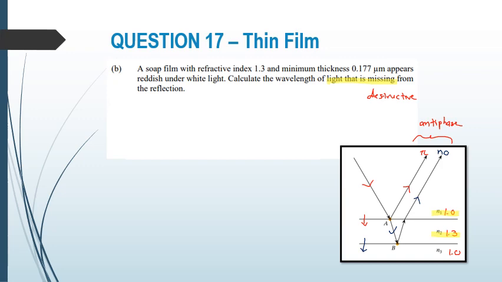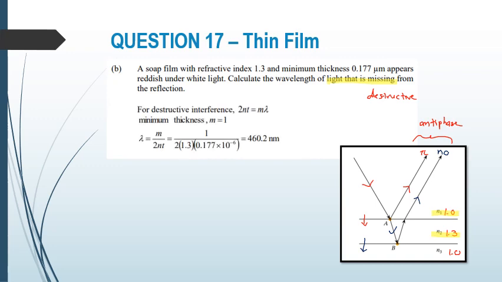So for anti-phase sources, if you want to get destructive interference, then the equation that we should use is 2nt equals m lambda. Alright, so for n, we are going to use the n from the second layer, which is 1.3. But how about m? Now, if you look at this equation and the information given, the key point is that you have minimum thickness equal to 0.177 micrometer.